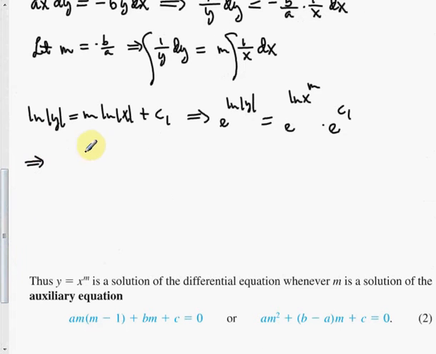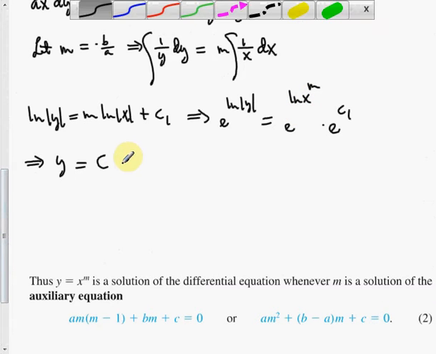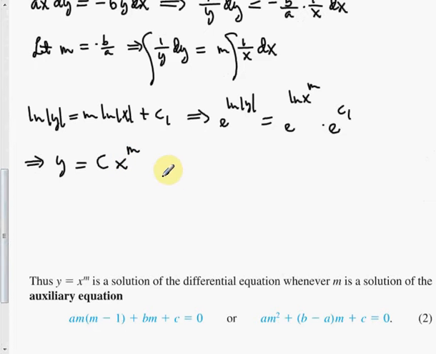Well, that gives us just y is equal to e to the c sub 1, let that equal to c, times here, e to the natural log of x to the m is just x to the m. So that here, just for educational emphasis, let c equal to 1. This implies that y is equal to x to the m.